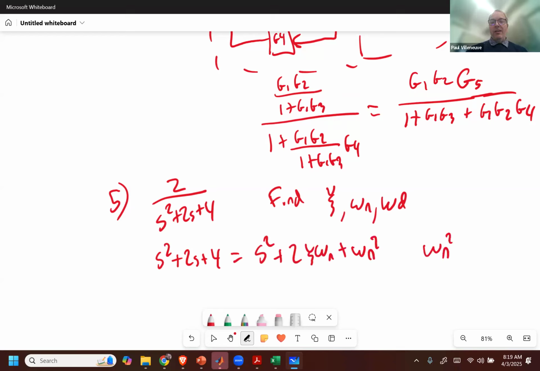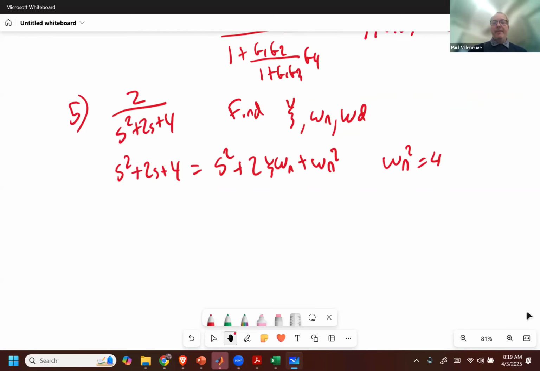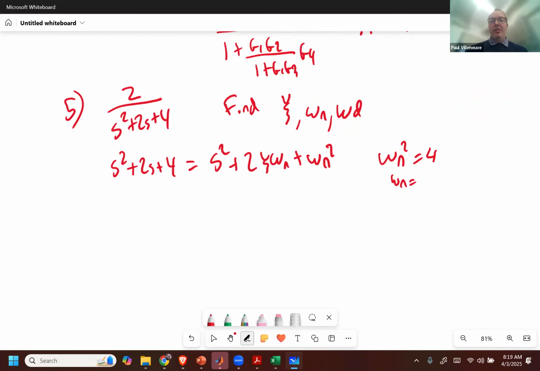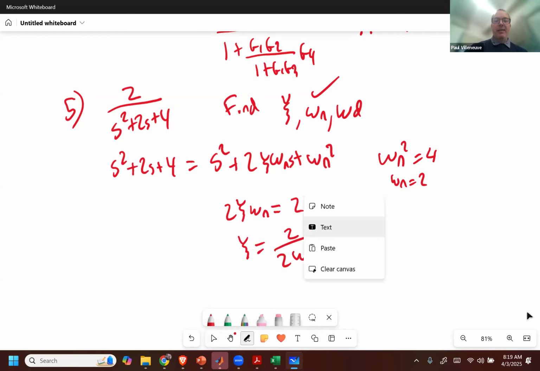So omega n squared equals 4, which means omega n is equal to 2. Check. 2 zeta omega sub n has to equal 2. So zeta is equal to 2 over 2 times omega sub n, which is equal to 1/2.